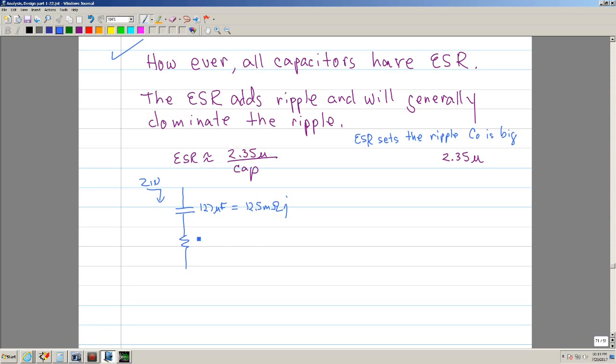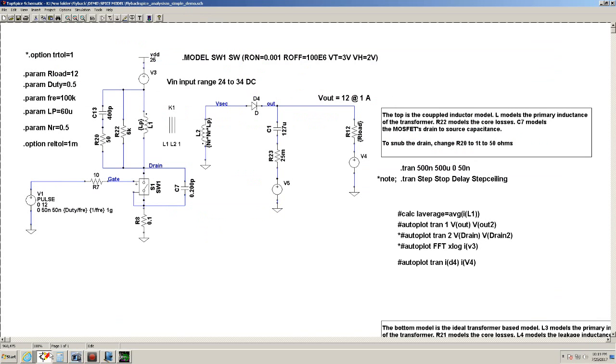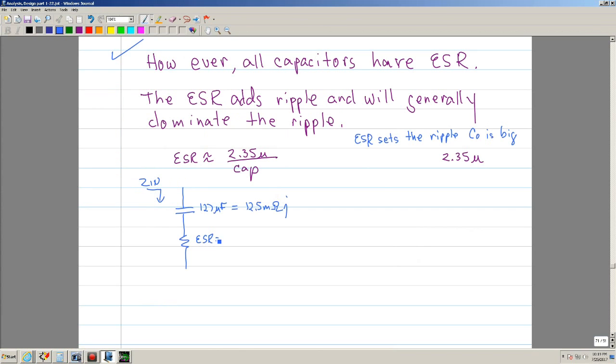Okay, and then we added an ESR that is 25 milliohms. So I had mentioned that the ripple is going to be I ripple times the impedance. Okay, so we know that this is 4 amps.